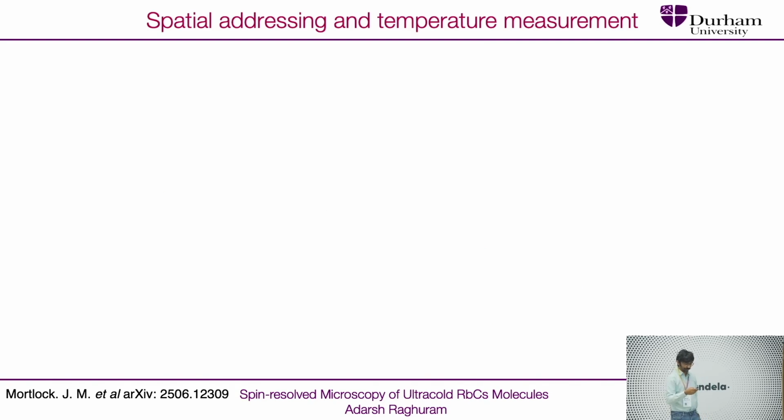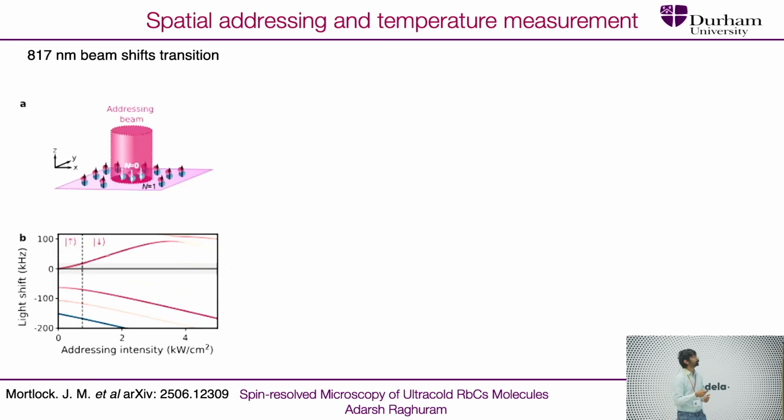The final thing I'm going to talk about is some spatial addressing. We put in an 817 nanometer addressing beam to light shift the transition of a small section of our molecular cloud. Then if we apply a microwave pi pulse, everything around it gets transferred to n=1, while the light shifted section stays in n=0.